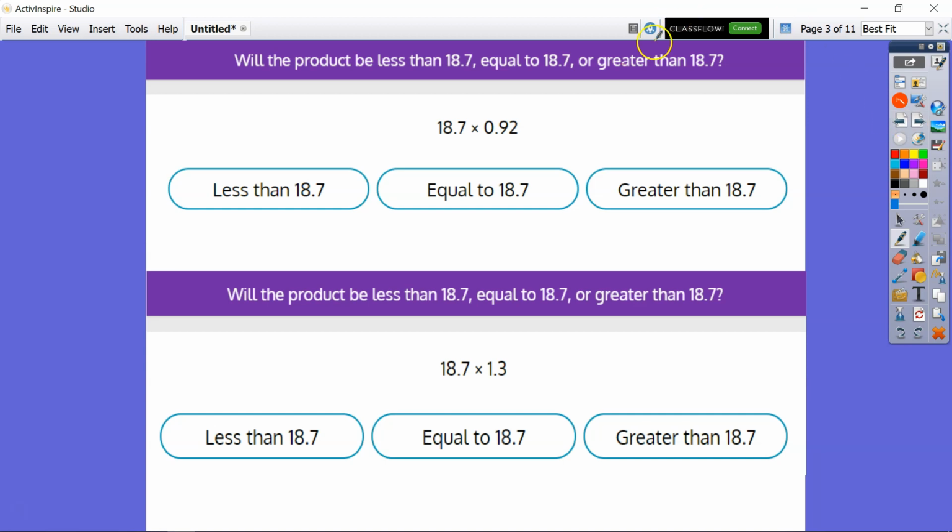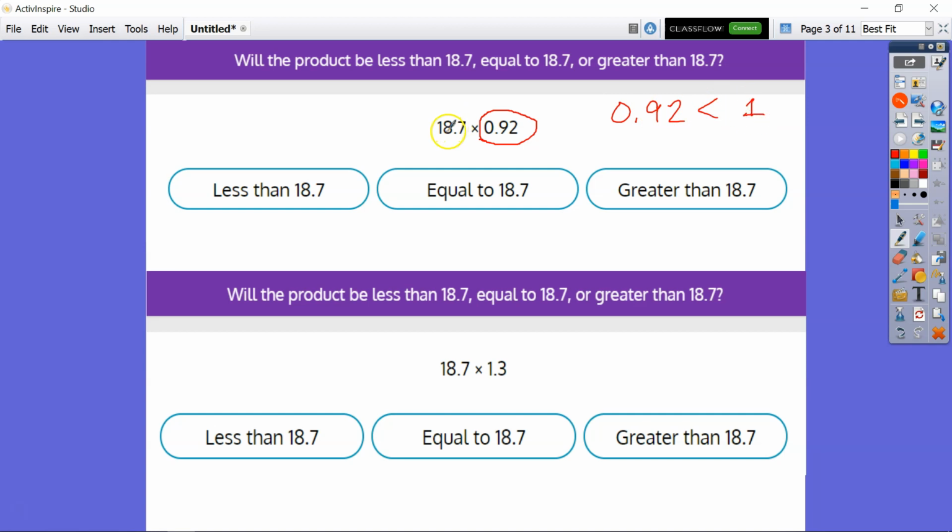We know that our scaling factor here is 92 hundredths. Because we have 92 hundredths as our scaling factor, let me pop out my pen. We know 92 hundredths is less than 1.